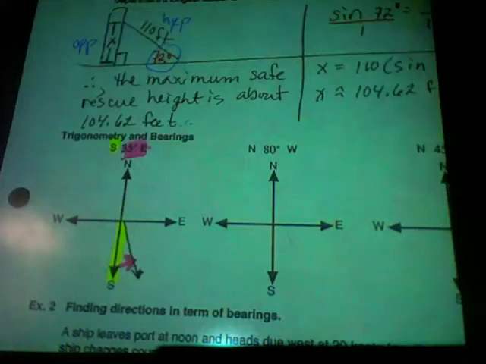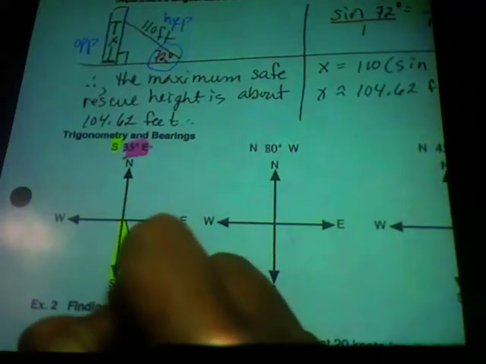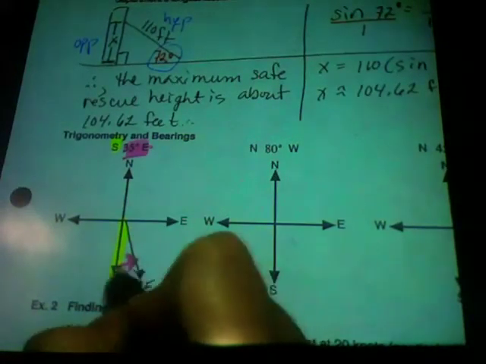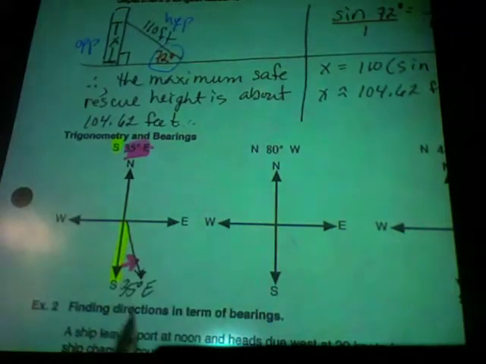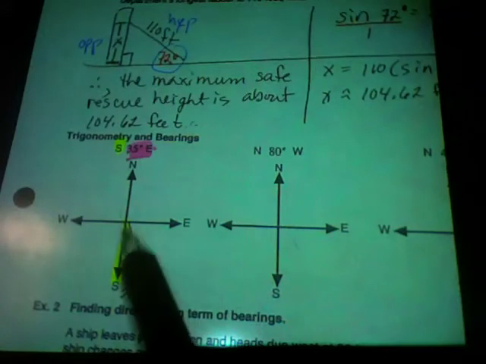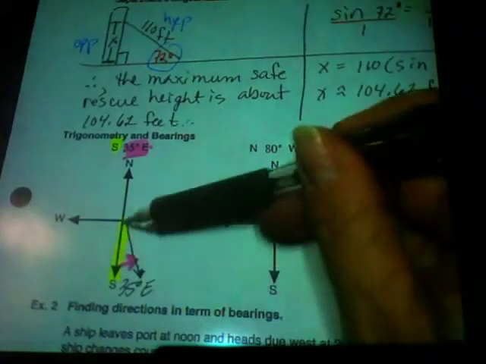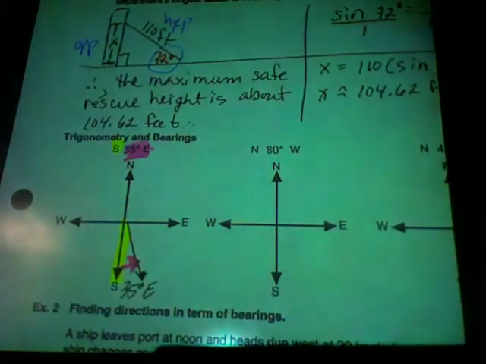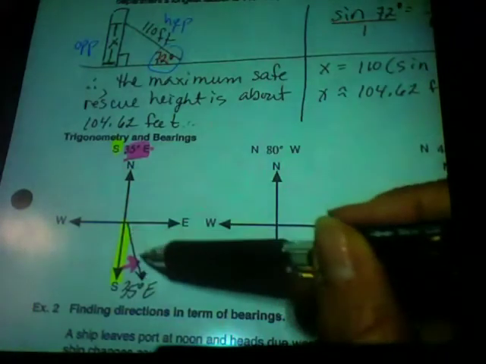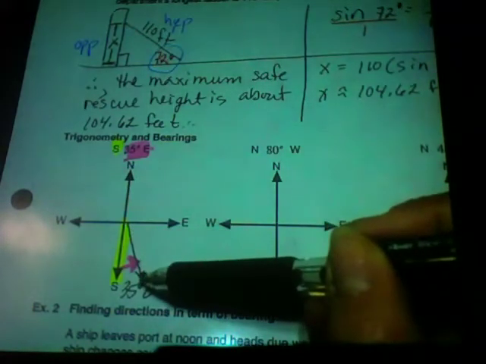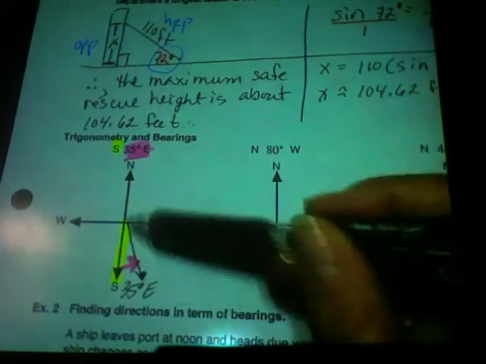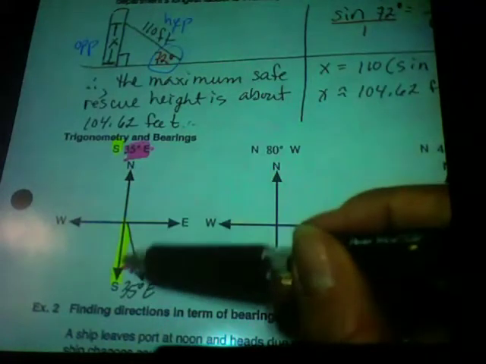So this angle right here in pink, that's your 35 degrees east. This would be the direction I would be heading. If I'm heading south, 35 degrees east, I'm actually traveling on this line here. Does that make sense? This is my line of travel. I am not going directly south.